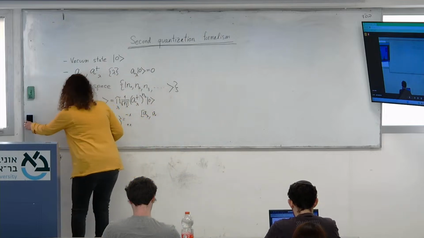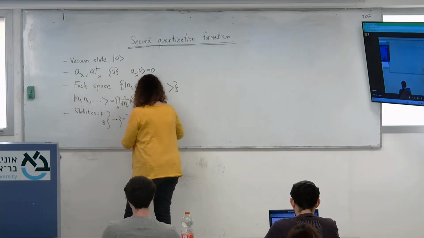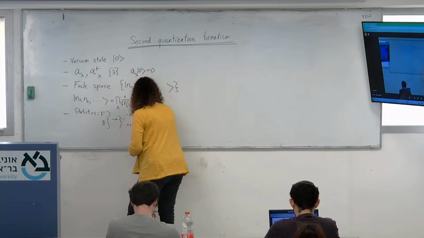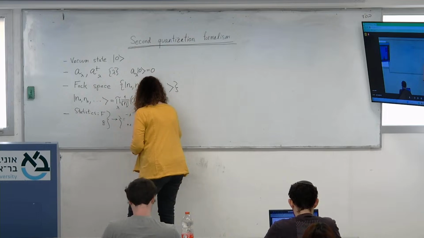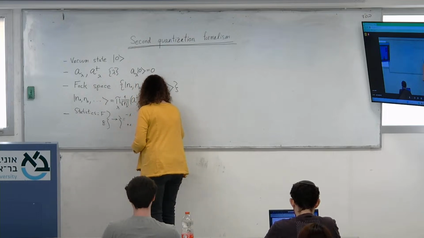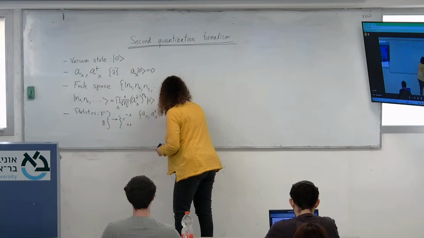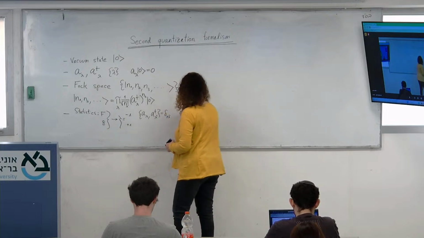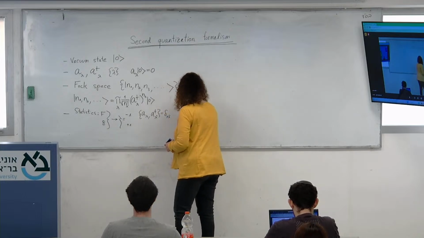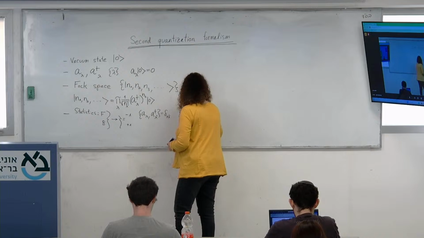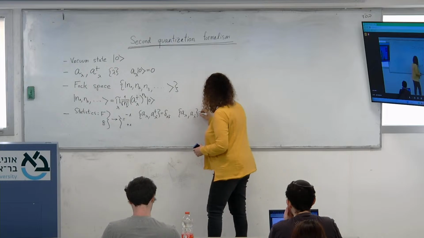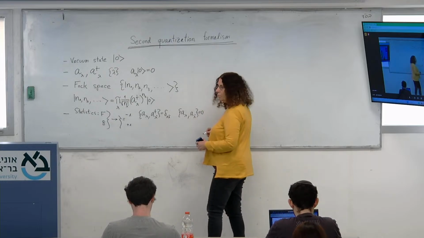This is for fermions. For fermions, they are anti-commutators. The anti-commutator of A lambda and A lambda prime dagger is delta lambda lambda prime, and the anti-commutator of A with A is 0.